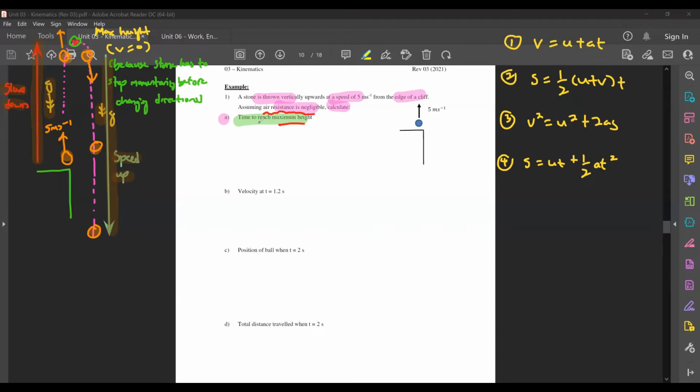Say for example, for part A, I know that my initial velocity is 5 meters per second because it's already stated here. At maximum height, I know that my final velocity would be 0. Now, do I know the time taken to reach the maximum height? Nowhere in this question did they tell you the time taken.